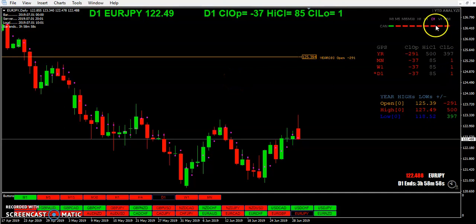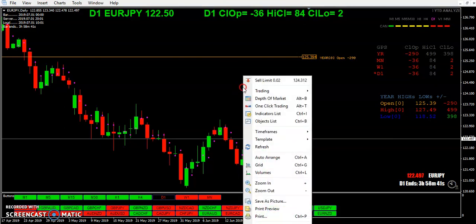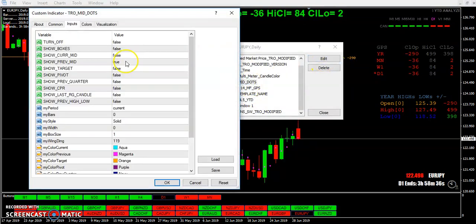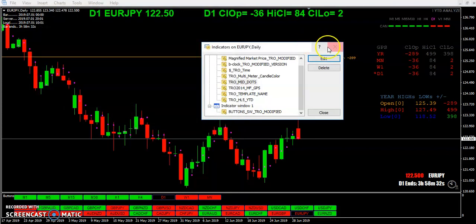You can see we've got a red day, a red month, red week, and we're still down 290 pips from that yearly open. And on this particular chart, the mid dots are showing the previous candle's midpoint as opposed to the pivot.